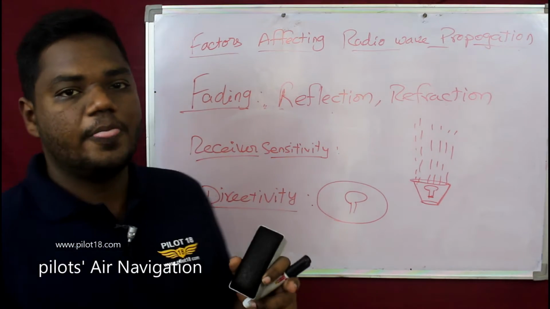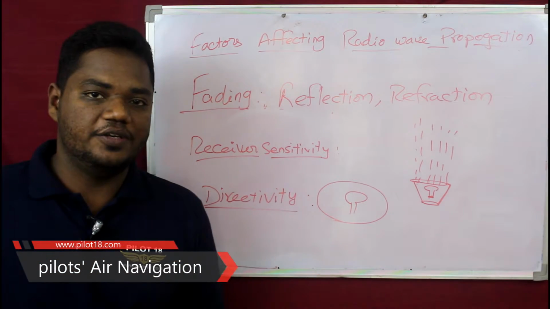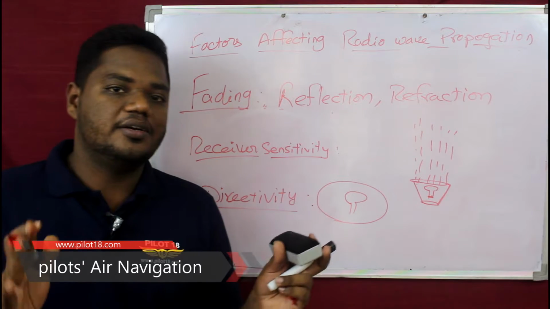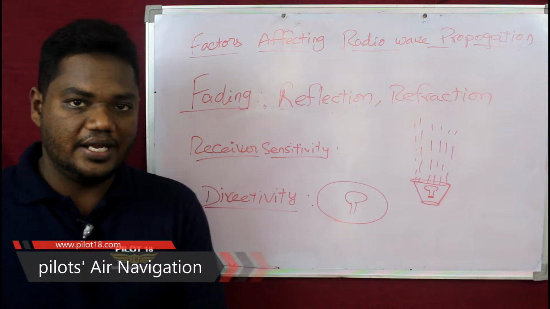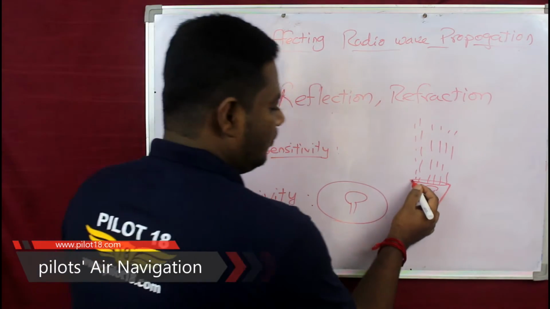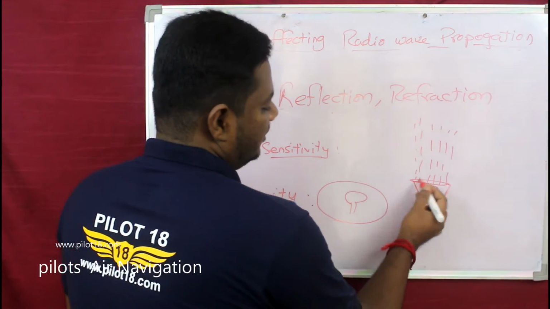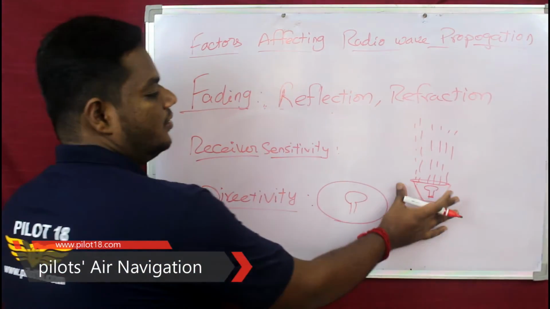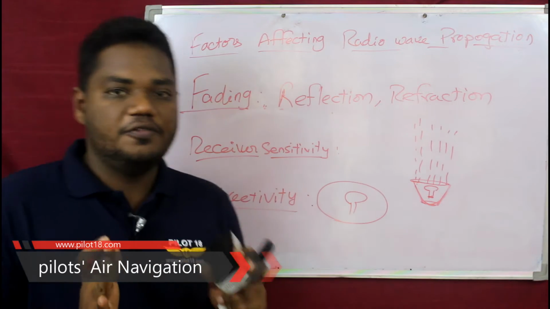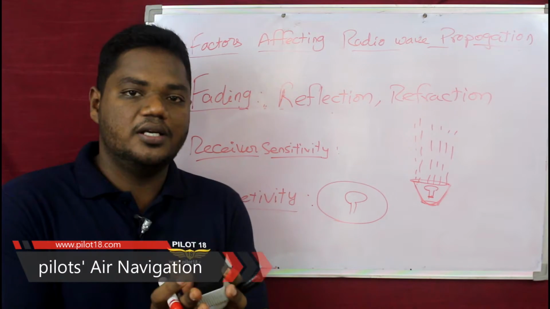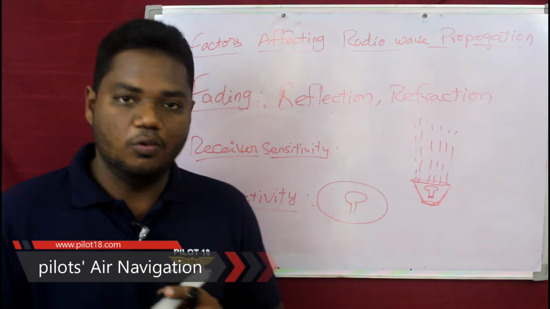So if you want to increase the range of the radio waves, instead of transmitting the radio waves in all directions, you just put a parabolic reflector or something like that and direct the radio waves in a particular direction so that the radio waves can travel for more distance.